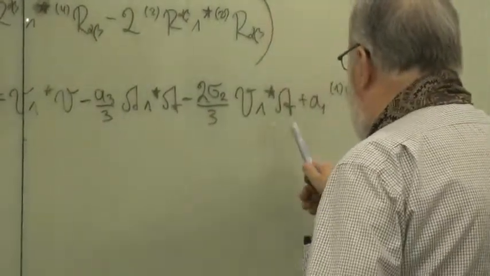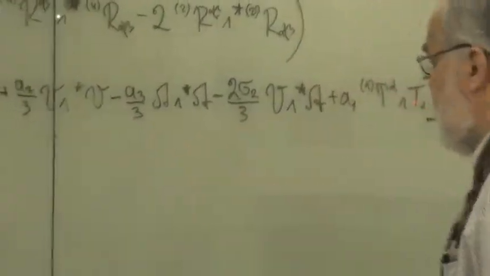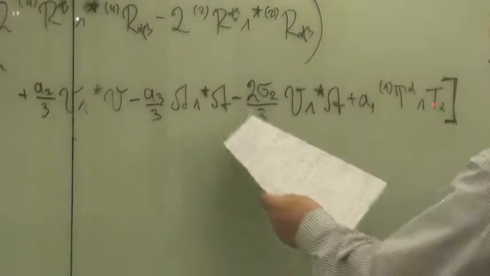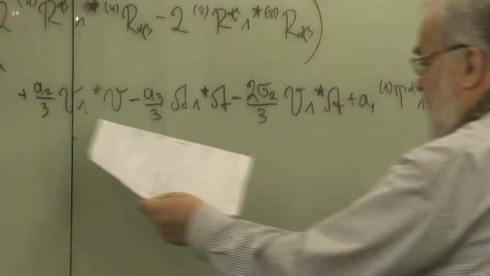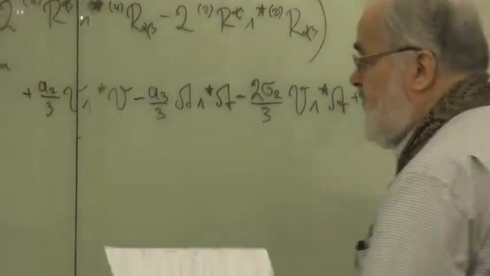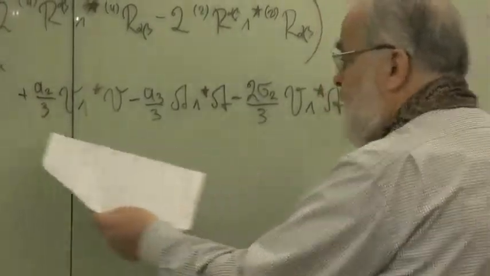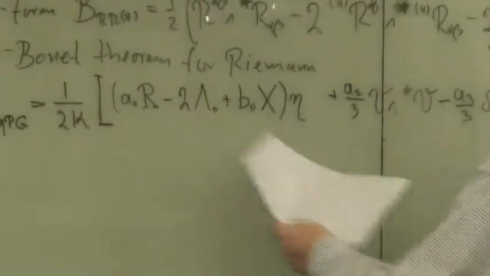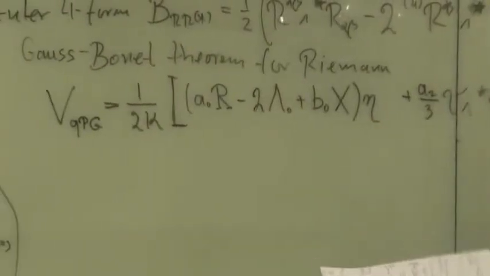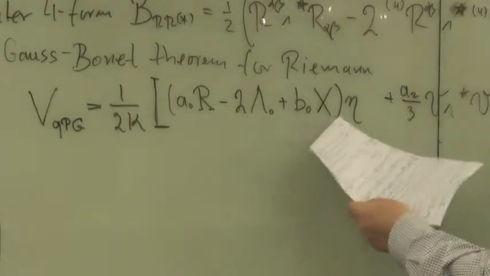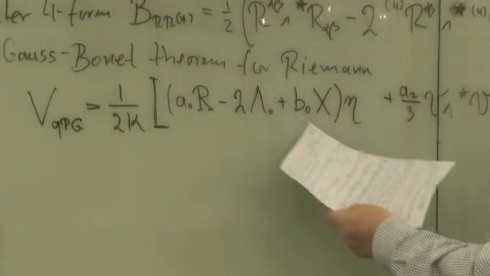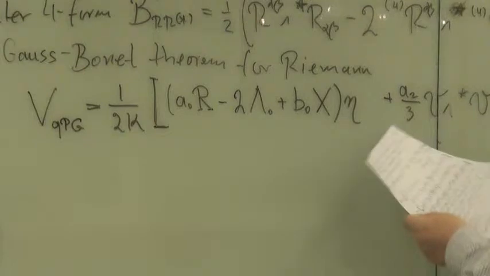1, 2, 3, 4 torsion square pieces, one of which is parity violating, all the others are parity conserving. And if you have vanishing torsion, you cannot have any parity violating piece. Parity violation in weak gravity is only possible with torsion. This piece vanishes immediately if torsion vanishes.